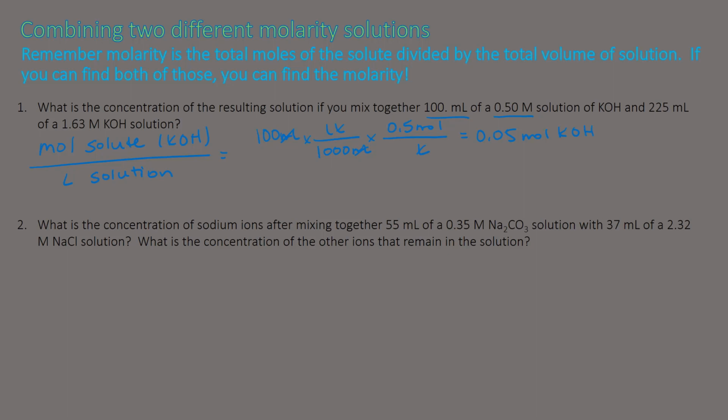I've got 225 milliliters divided by 1,000. You don't always have to write that out; I will stop doing that eventually. Times 1.63 moles in every liter, and you end up getting 0.36675. If we add those together, we get 0.41675.